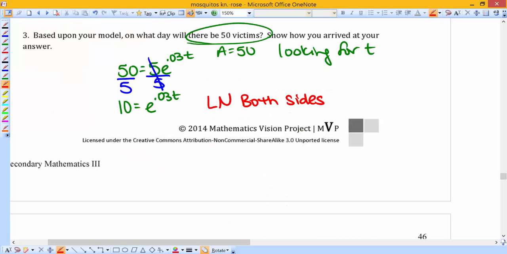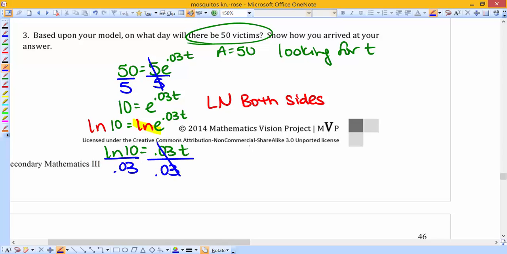Here I'm using ln. So this would be the natural log of 10 equals the natural log of e to the 0.03t. So now that's going to cancel. The ln and the e are gone. And I will then be left with the natural log of 10 equals 0.03t. Now I can divide by 0.03.